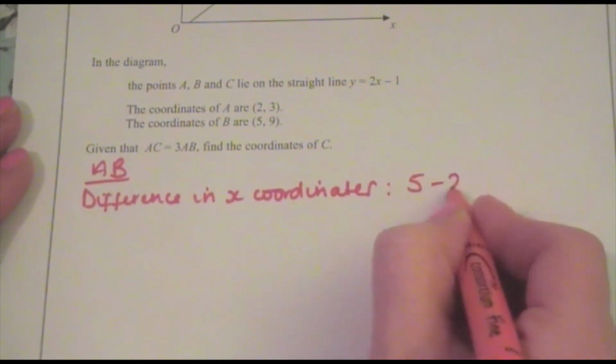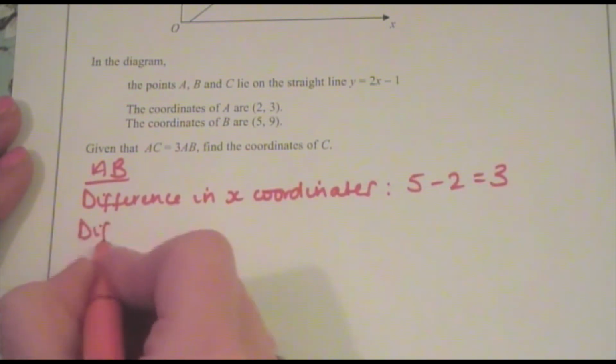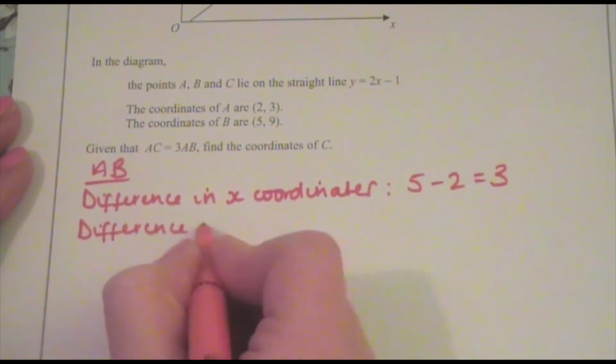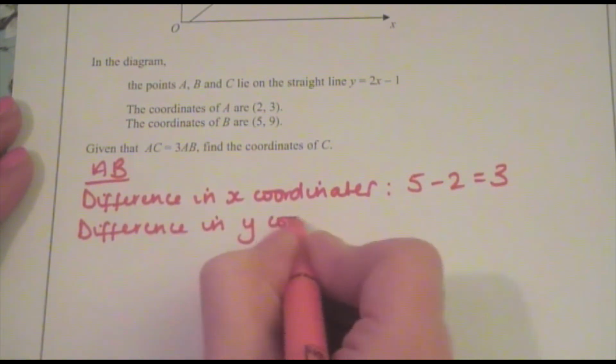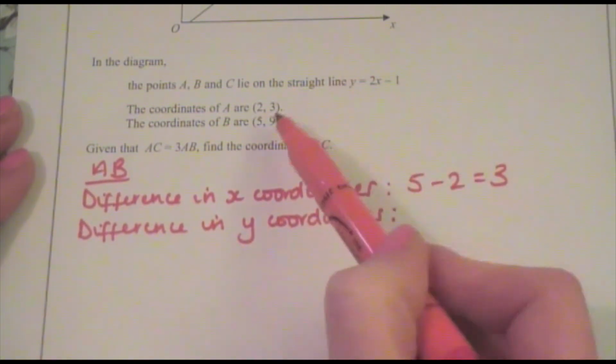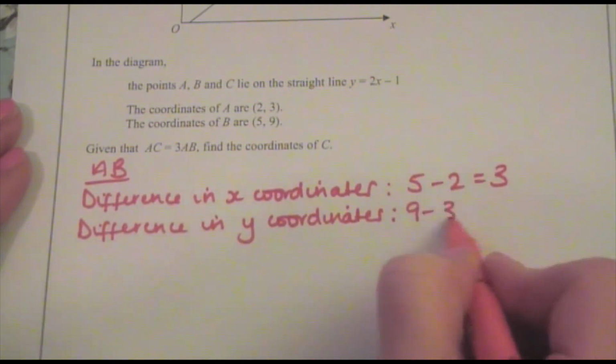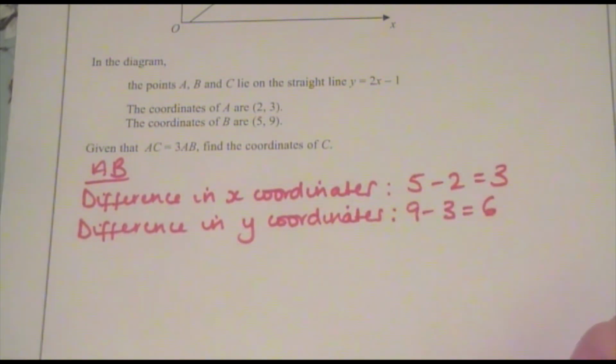I'm going to do 5 take away 2, and I get 3. I'm then going to find the difference in the y coordinates. Now at A my y coordinate is 3 and at B my y coordinate is 9. So I'm going to do 9 take away 3 and it equals 6.